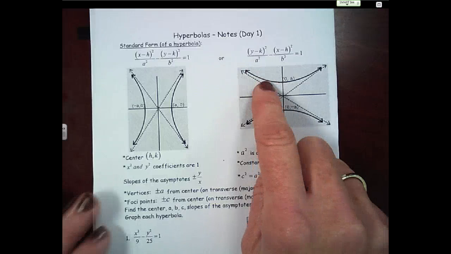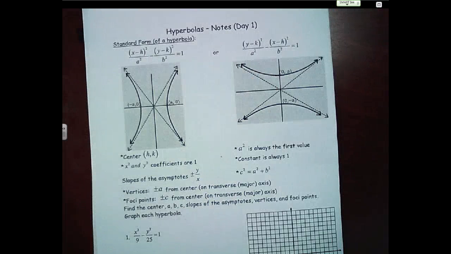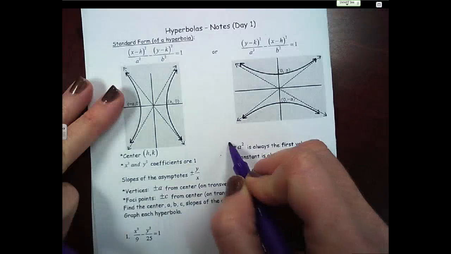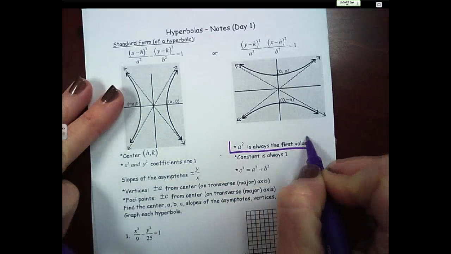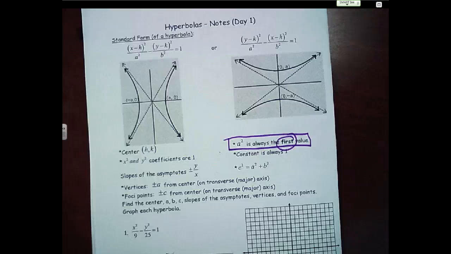Right, now, here's another couple things that are different. So go ahead and highlight that part. A squared is always the first value. That's critical. Right.